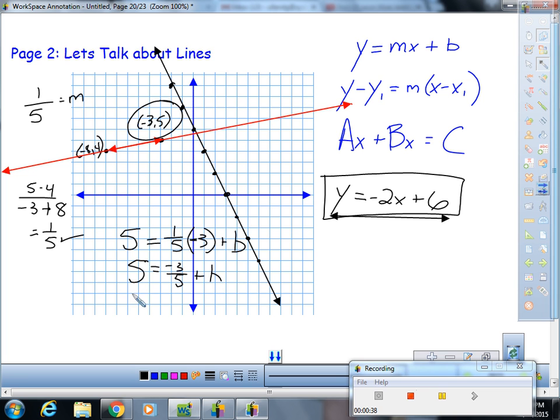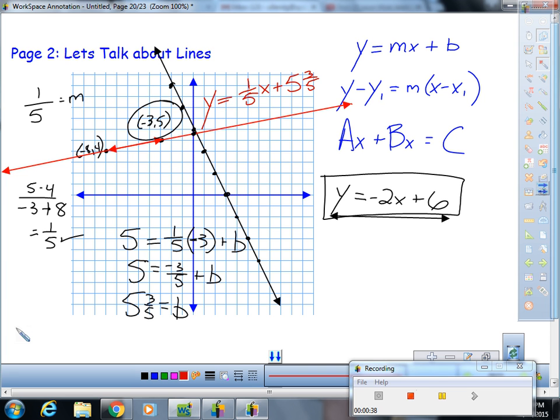Add 3/5, and you get 5 3/5 is equal to b. I buy that. Looks like 5 3/5 to me. Okay? So this red line has the equation y equals 1/5 x plus 5 3/5. That's the equation of the red line. All right, good.